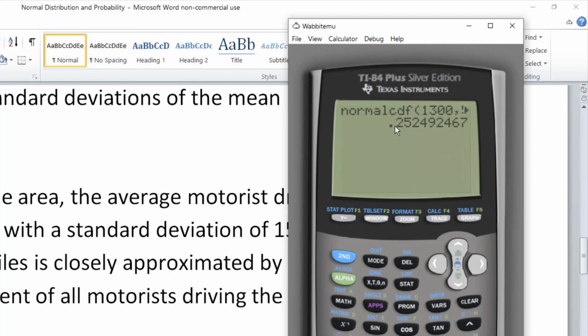So that's the probability. So they want percent. So just move this over twice, and let's round to one place. So the answer to C would be percent of drivers driving in that interval would be 25.2%. Okay. We clear this.